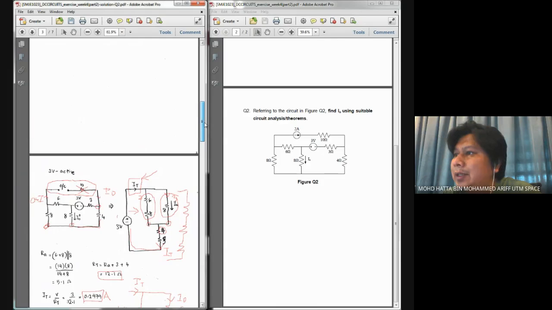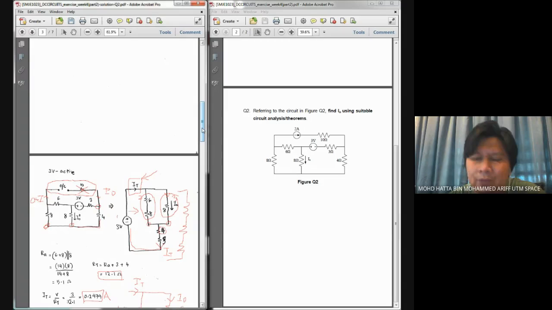As I mentioned earlier, from the question, it says using suitable circuit analysis or theorem, which means you can use any circuit analysis or any circuit theorem that you think is easiest for you.